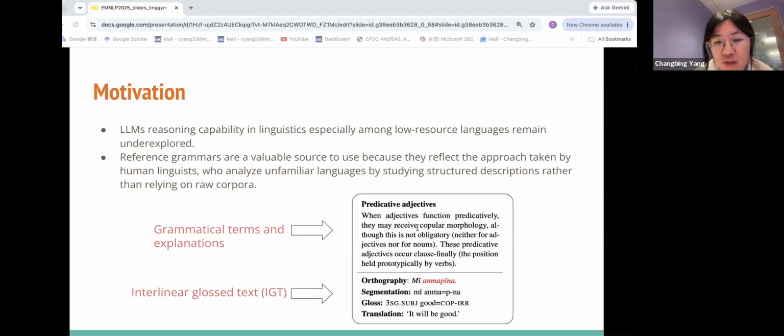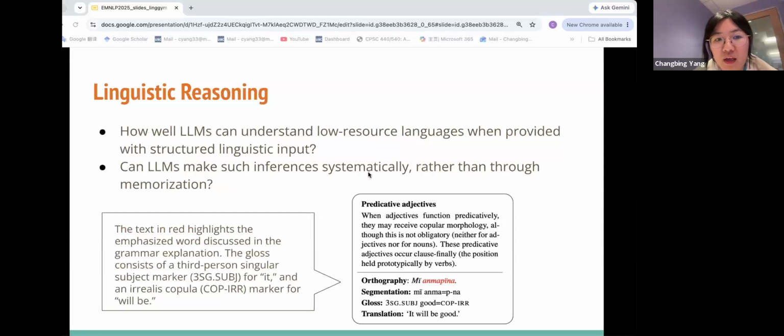IGT usually contains 4 lines. And here's the reason why we choose reference grammar as our dataset. For example, in this IGT data, the text in red highlights the emphasized word discussing the grammar explanation.